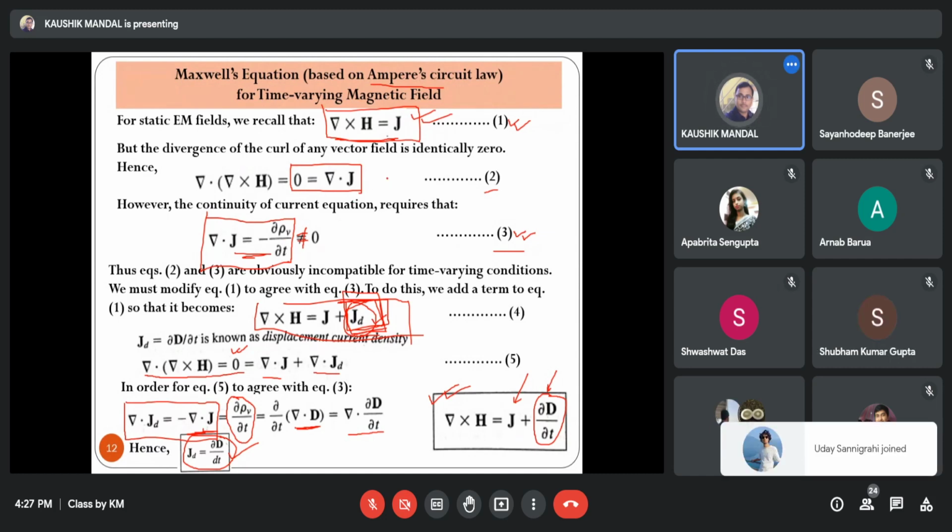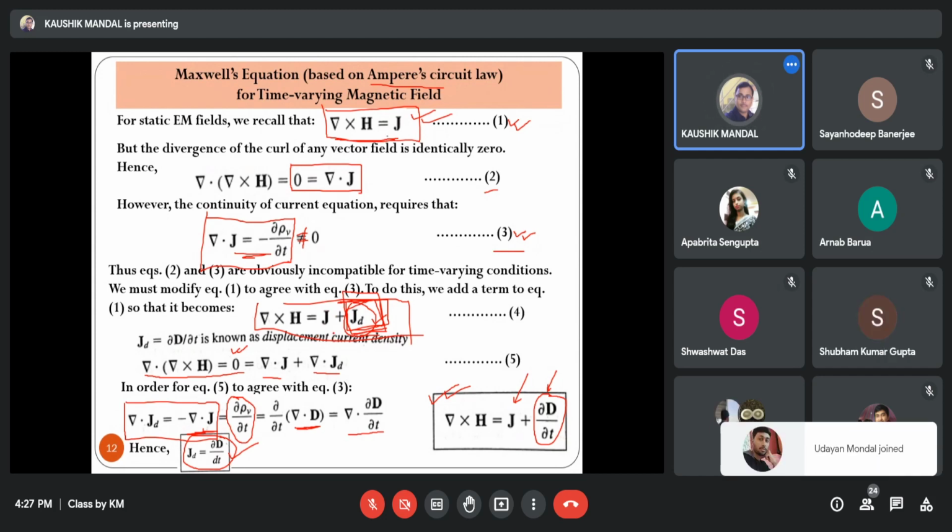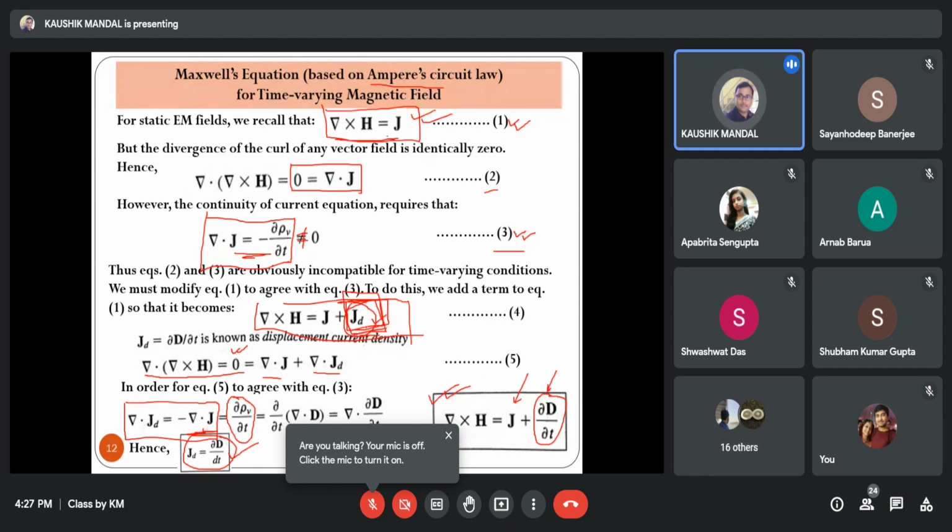To overcome this incompatibility with the basic Maxwell's equation for the static field, Maxwell included a modification along with the conduction current density J: JD is included. Now how is this JD calculated?